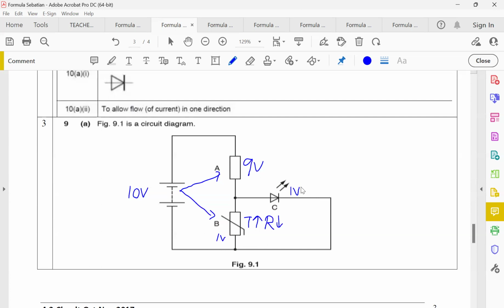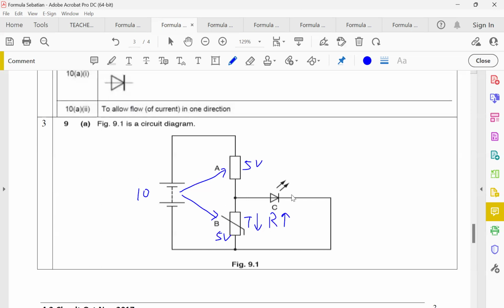Okay, so right now the situation has changed, in the sense that now the temperature drops. When the temperature drops, the resistance will increase. And because it increases, the voltage distribution will be different. Here we'll get, let's say, 5 volts. Here we'll also get 5 volts, because higher resistance draws more voltage in a series circuit, right?